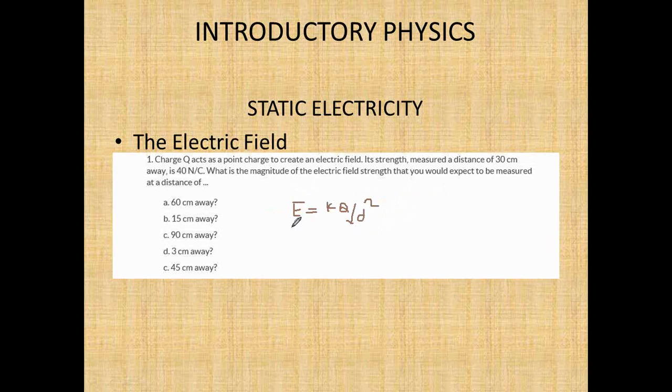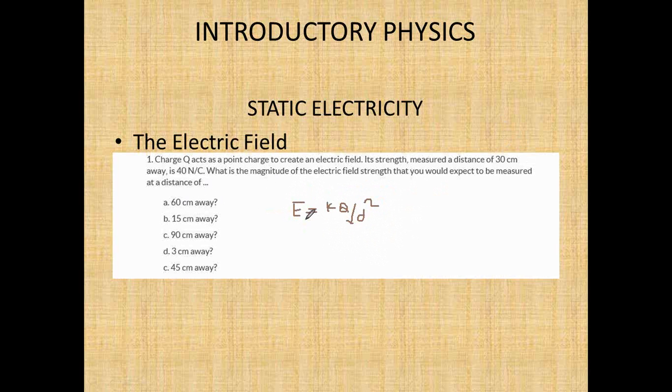Electric field strength is inversely proportional to the square of the distance. So if the distance increases, the electric field strength is going to decrease. If the distance decreases, the electric field strength is going to increase. And the electric field strength varies directly with the amount of charge on your source charge.